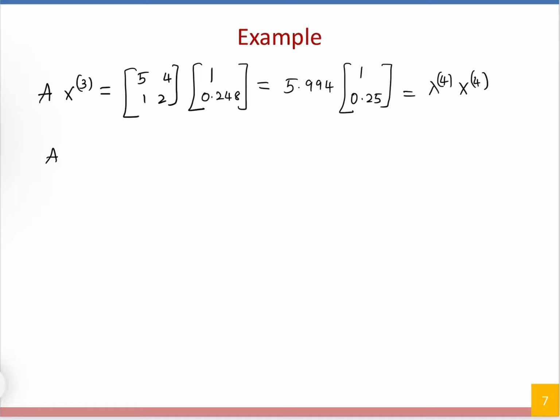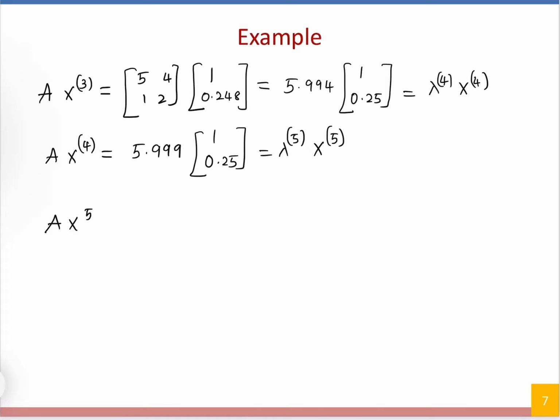Now we repeat this process. You can see that if you multiply A times x4, we may get 5.999 and 0.25 again, lambda 5 and x5. And if I multiply this again, you can see that this will be approaching 6.